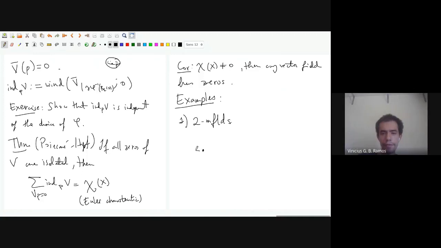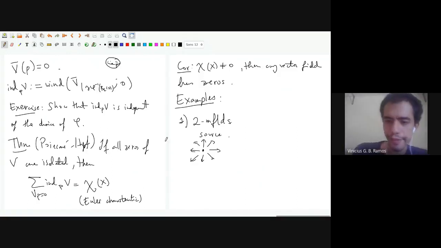You can have locally, let's say, a vector field that looks like this. This is what's called a source. So what's the index of this vector field at this 0? You can write a local model for this: V of x1, x2 is equal to x1, x2, something like that.